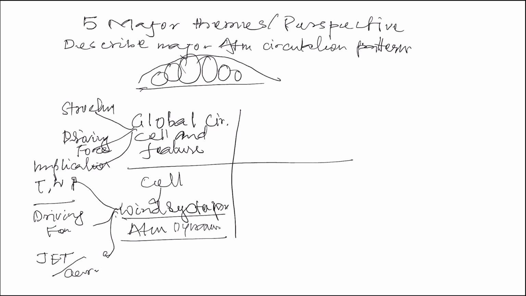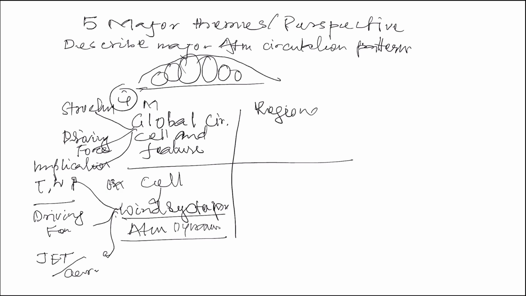For the third attempt, we can see how these cells connect with the regional circulation of the atmosphere. On one side we are looking at the global, which is a macro level, and then we are looking at the regional level.